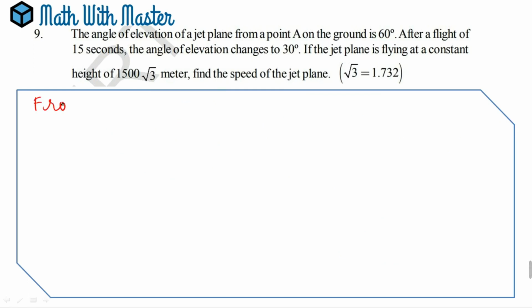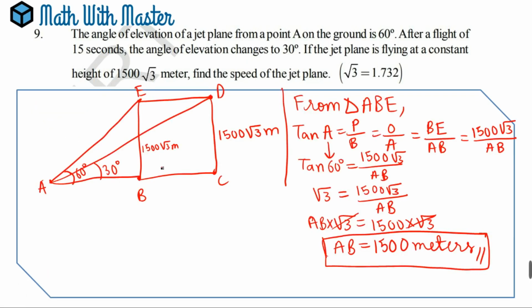So from triangle ACD, tan A. Here for triangle ACD the angle A is different, and for triangle ABE the angle A is different.